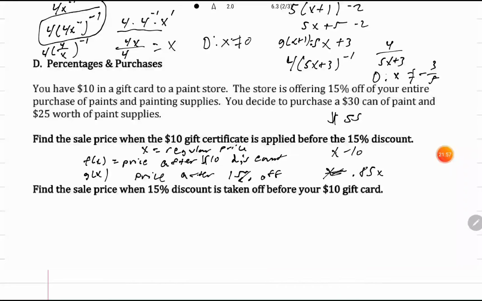We want to find the sale price when the $10 gift certificate is applied before the 15% discount.